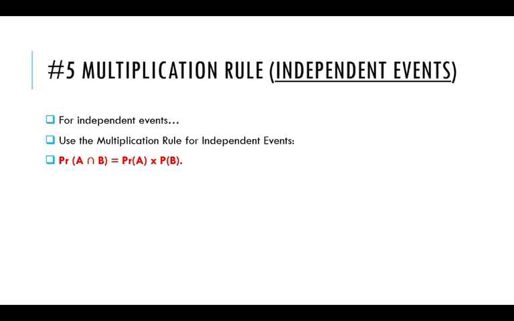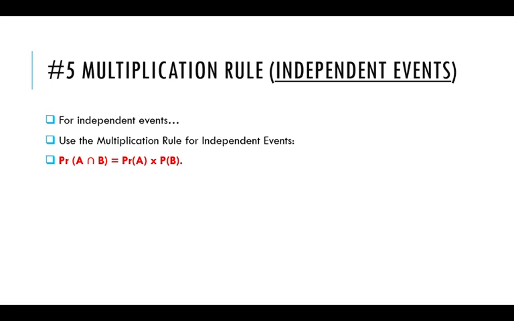It would be the probability of A and B. Remember, the multiplication rule is for "and." That upside-down U means intersection, which means and. And that's simply going to be the probability of A multiplied by the probability of B.